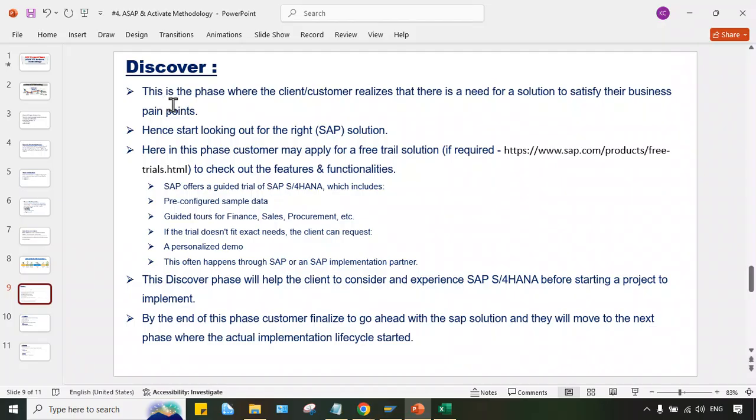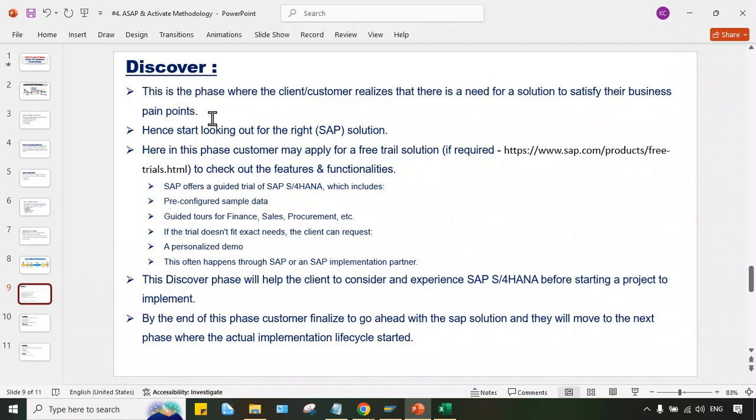First of all, Tata Motors has to realize their need, right? In this phase, the client or customer, I mean Tata Motors, realizes that there is a need for a solution to satisfy their business pain points.